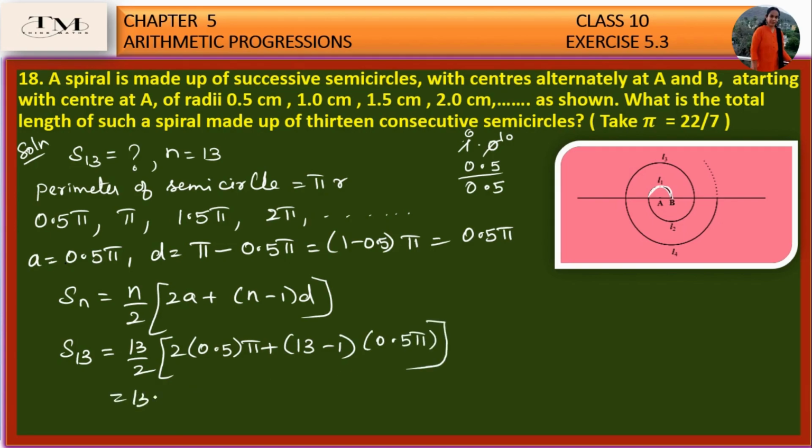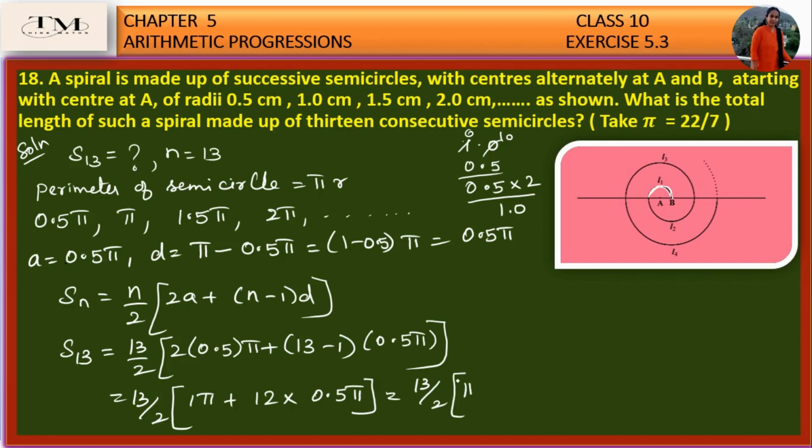So 13 by 2. What is 2 into 0.5? 5 2s are 10, so the decimal is before 1 place, so you get 1 pi plus 12 into 0.5 pi.